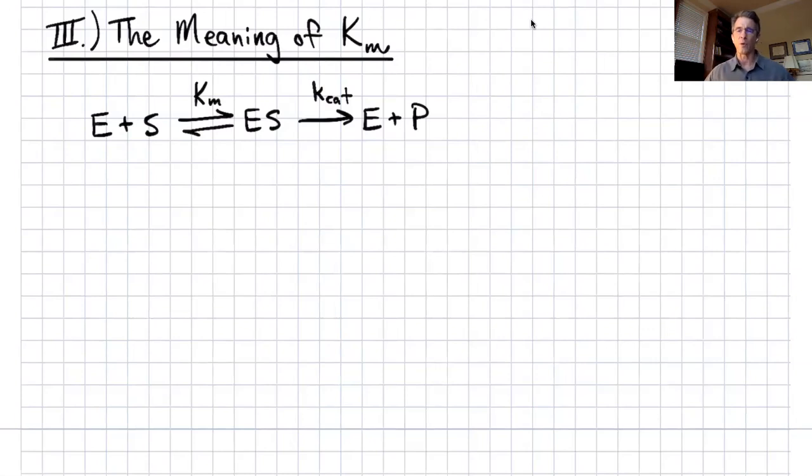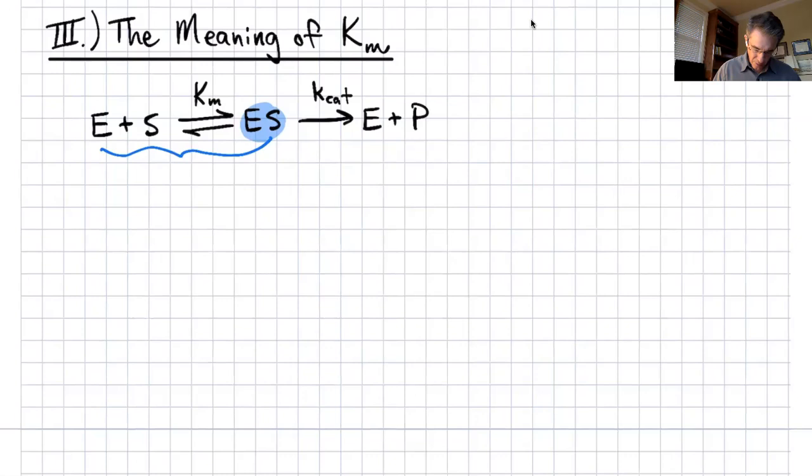Now, as a quick reminder, for the basic Michaelis-Menten equation, we can assume, or we know, that the Michaelis complex is in thermodynamic equilibrium with the free enzyme and the substrate.